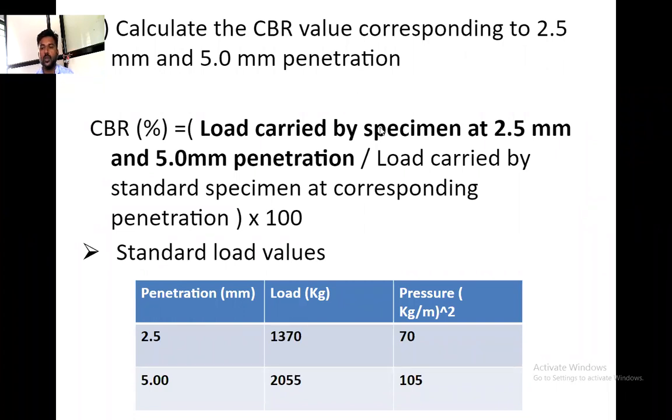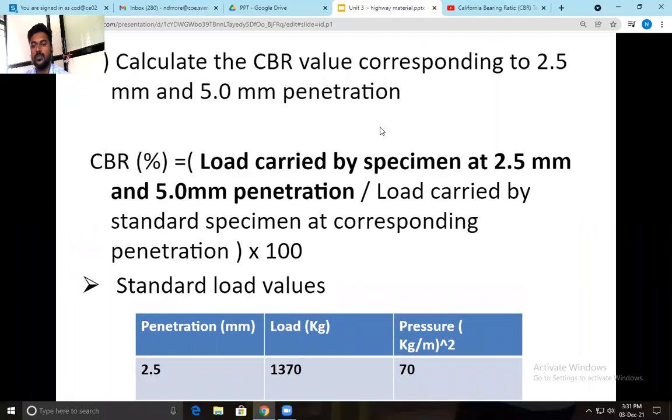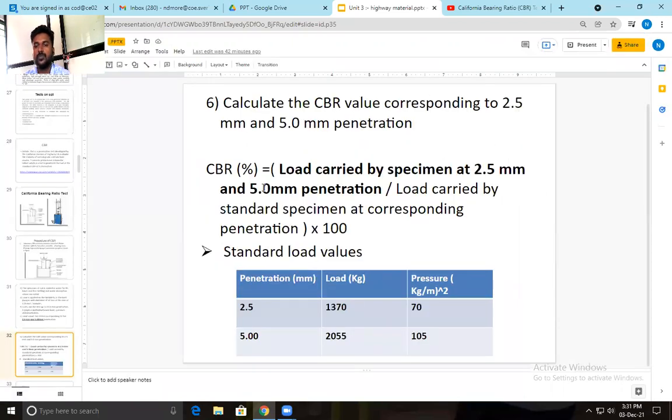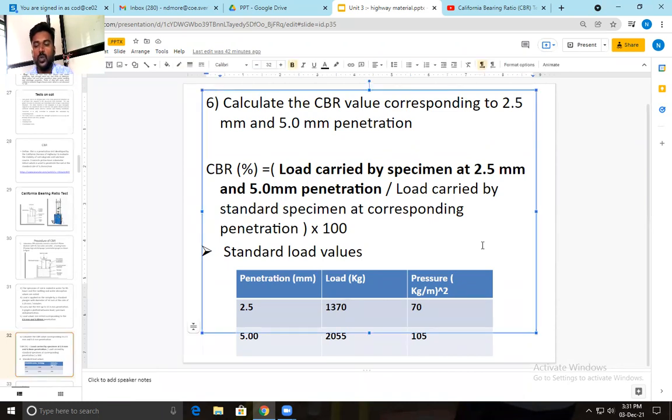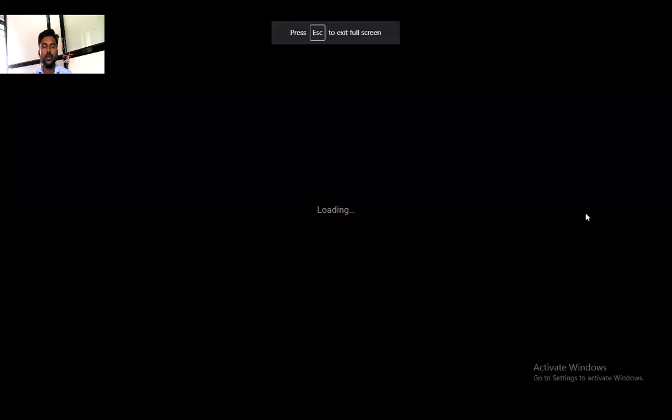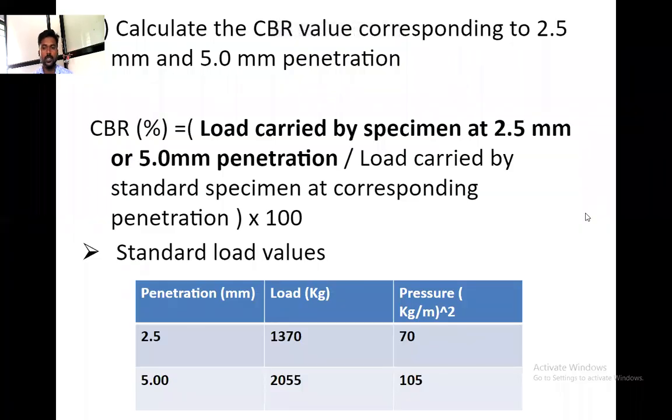Write down this formula. Load carried by the specimen at 2.5 mm or 5 mm penetration, divided by the load carried by the standard specimen at the corresponding penetration.